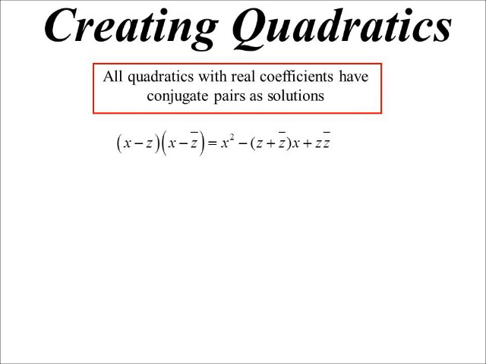So if I factorise, we now know the solutions are in conjugate pairs. One factor would be x minus z, the other factor would be x minus its conjugate. If I was to expand that out, we get x squared minus (z plus z conjugate) times x plus z times z conjugate.